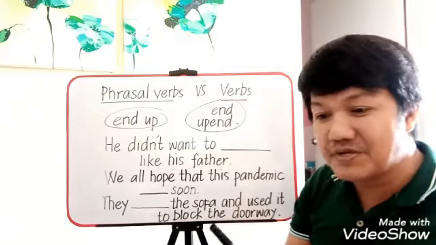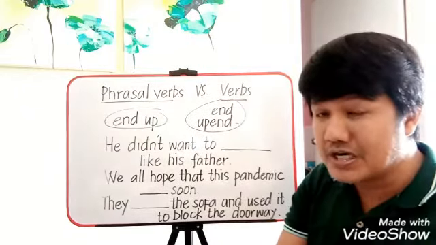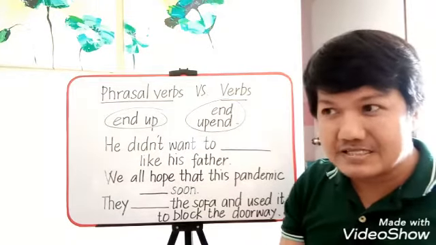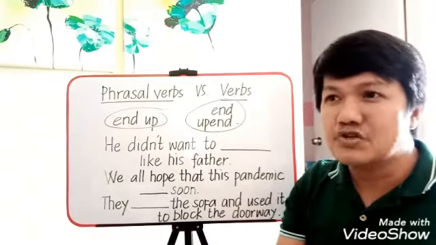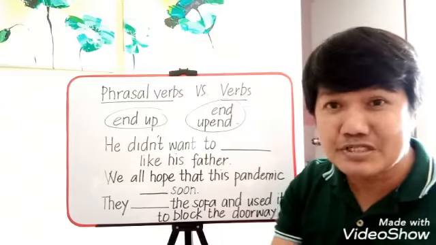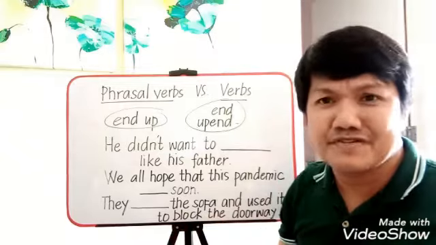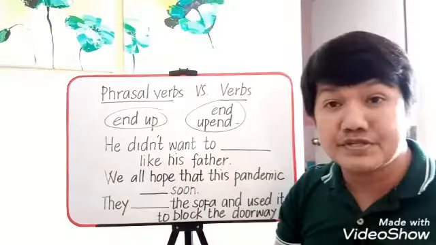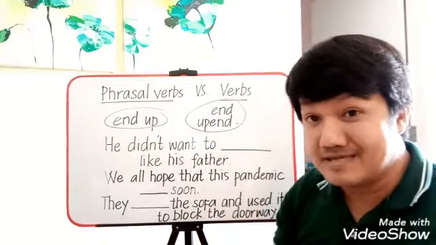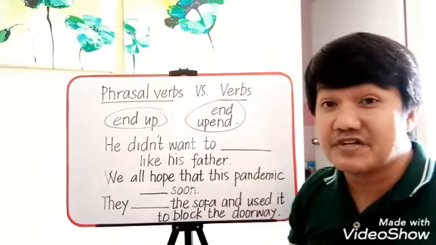If you connect them to a certain verb like look, look up, look on, look after, so yun yung phrasal verbs. At sa phrasal verbs, doon natin napapalago yung isang vocabulary, especially verbs, kung paano siya i-expand with different meanings. Kasi pag pinalitan mo yung preposition sa isang verb, it would mean differently. Magkakaroon ng iba't ibang meaning. And that should be very confusing.